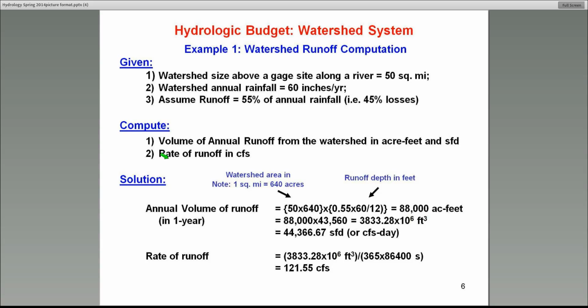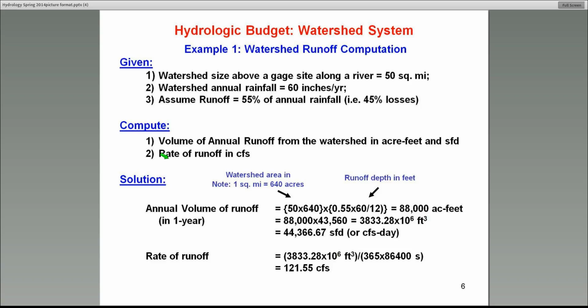Here, in this example, we have a 50 square mile watershed. The annual rainfall in the area is 60 inches per year. Note that data itself, per year, means it's on an annual basis. So in a sense, the delta T that we talked about in the earlier slide, the time interval, is fixed at 1 year. Assume runoff is 55% of annual rainfall, that is, 45% losses.